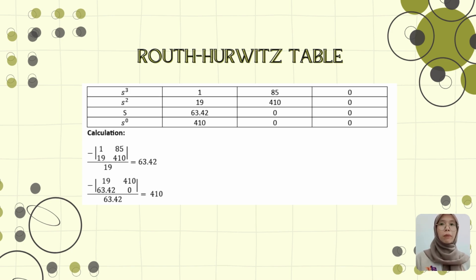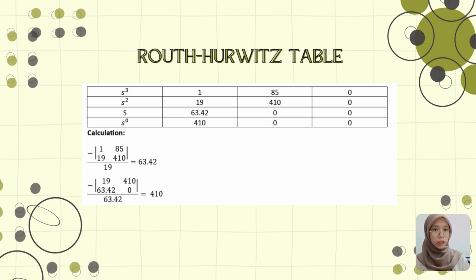So 19 multiplied by 85 minus 1 multiplied by 410, divided by 19. So we get 63.42. We use the same formula in the s^0 row.